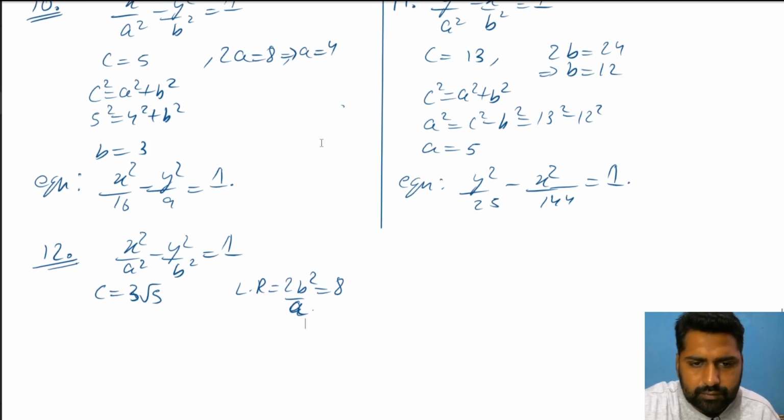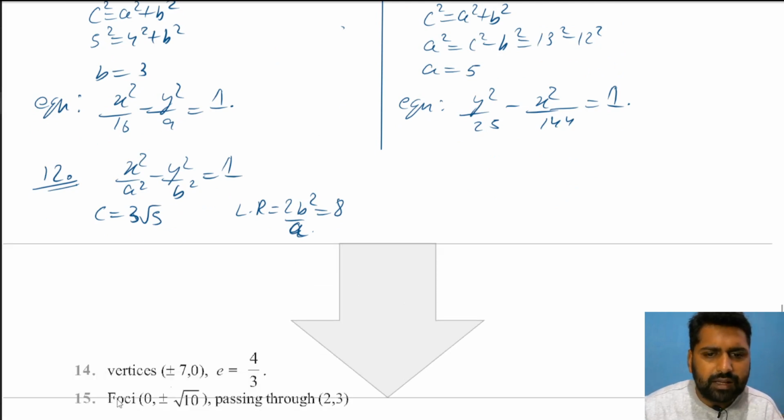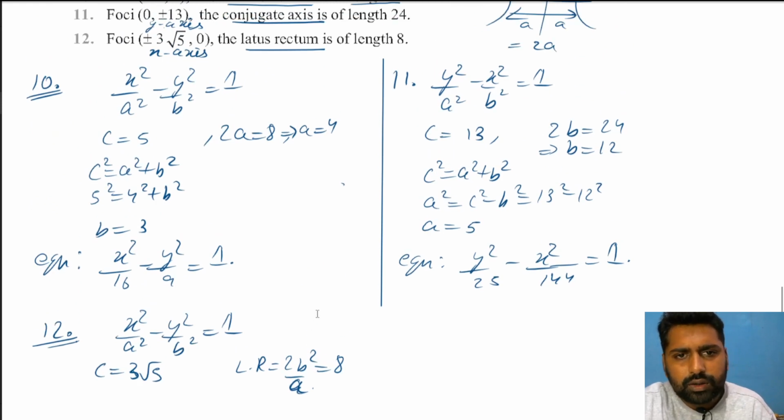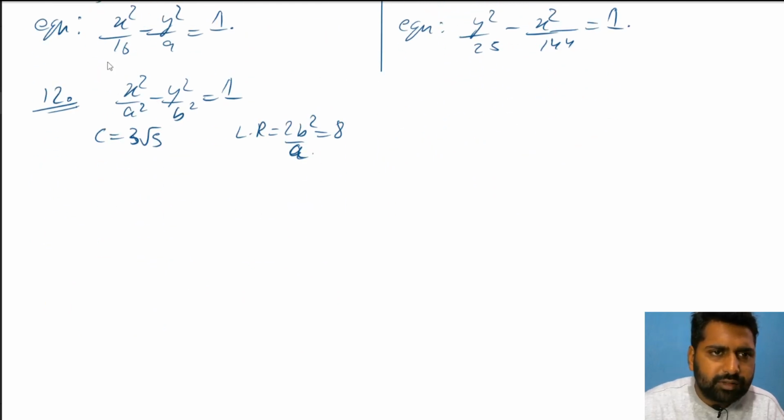All right, let's see how we'll use this to find a and b. This time directly neither a is available to you nor b is available. From this information, we need to find a and b.